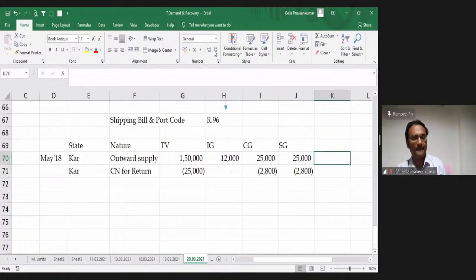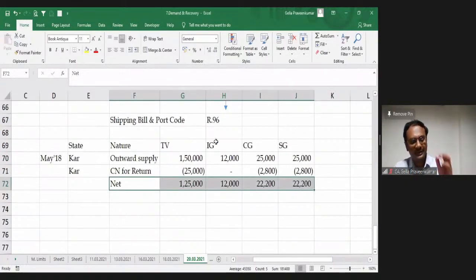Right now, what the law says, show the net value 1,50,000. Show this net value in your table number 7.